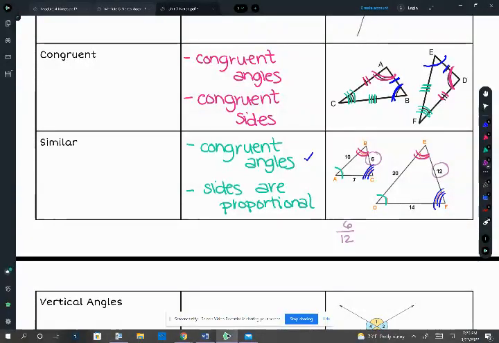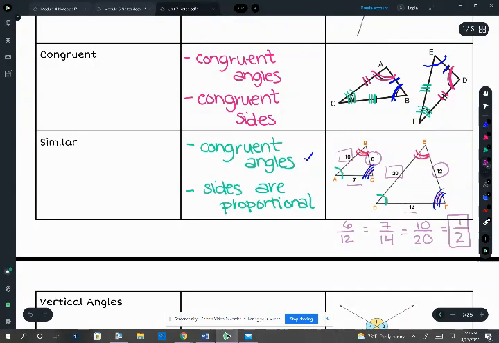Between the green and the blue is a 7, and between the green and the blue is a 14. And so we're going to go 7 to 14. And then the same thing here, we've got 10 is to 20. And you'll notice that all of those reduce down to be 1 over 2. And so that means that our sides are proportional. So that's just part of talking about proportional sides.